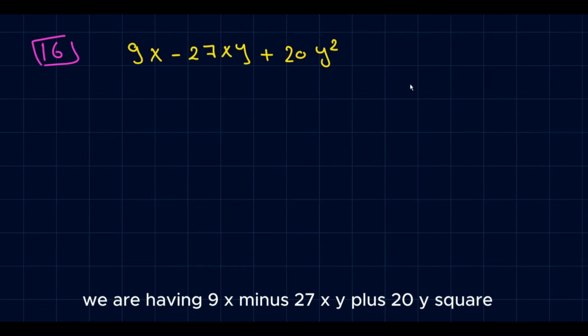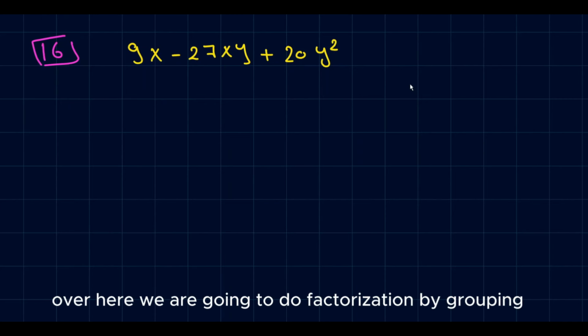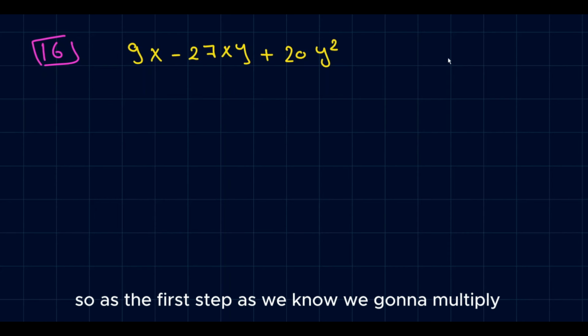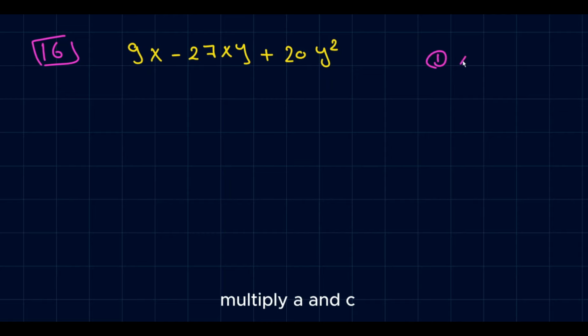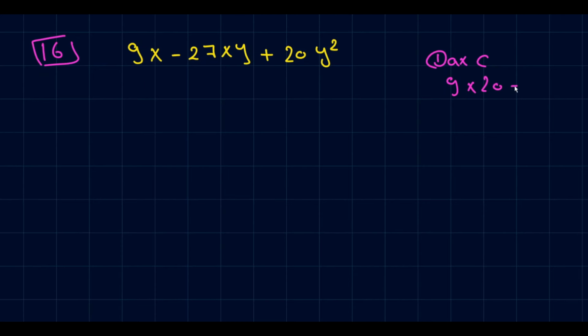Question number 16. We have 9x squared minus 27xy plus 20y squared. Here, we are going to do factorization by grouping. As the first step, as we know, we multiply A and C. A and C in this case is 9 times positive 20, which is equal to 180.